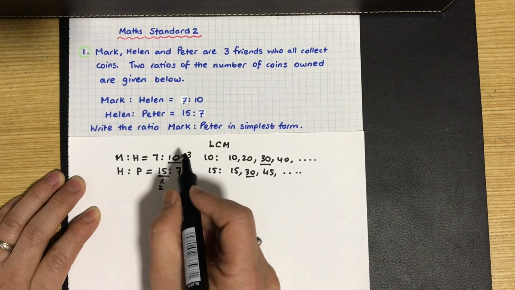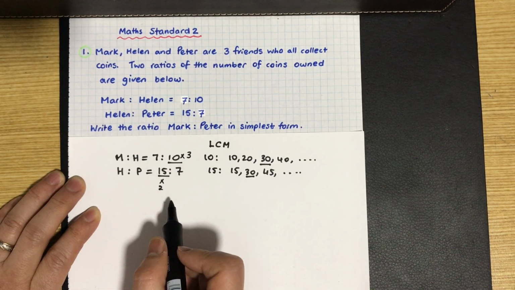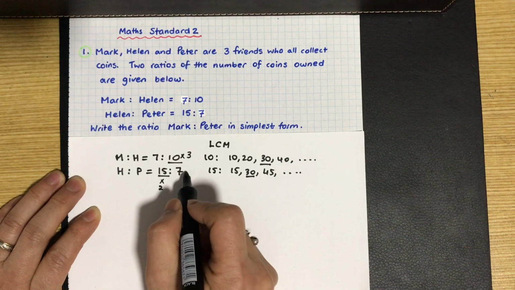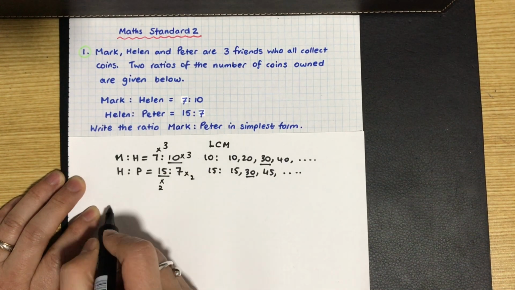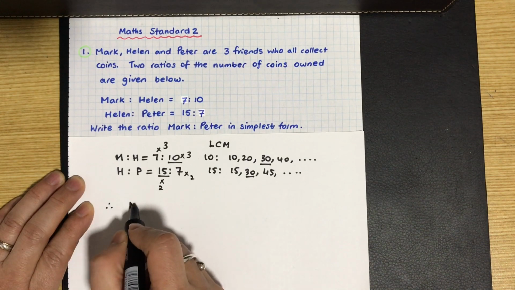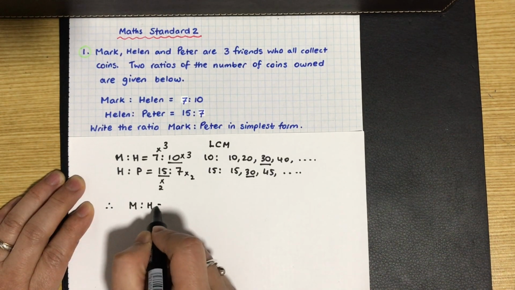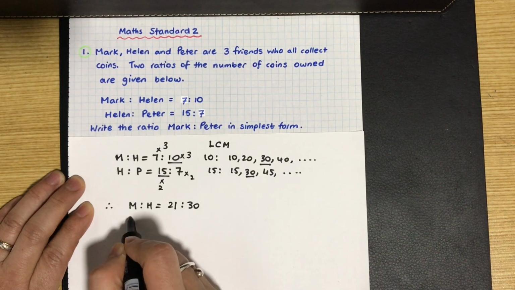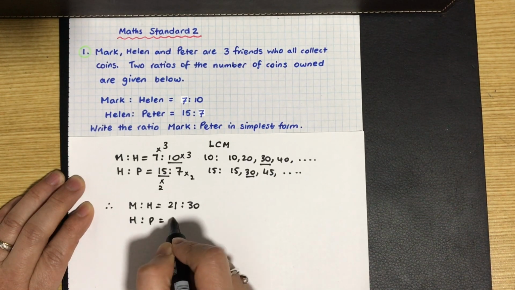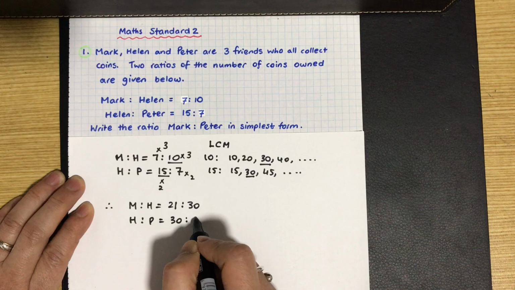Now when I do the one part times by 3 and times by 2, I'm going to do the same thing on the other parts. So now we have new ratios, which is 21 to 30, Helen and Peter, 30 to 14.